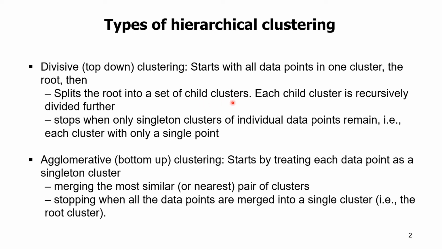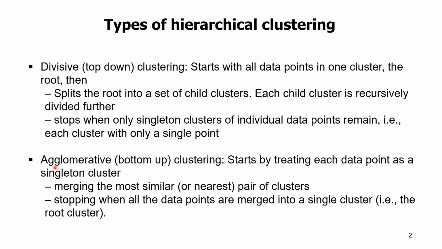And then each child cluster is divided further. You keep doing this, dividing into smaller clusters, until every cluster becomes a singleton cluster. A singleton cluster means a cluster with only one data point. So that's divisive clustering. It's a top-down approach.